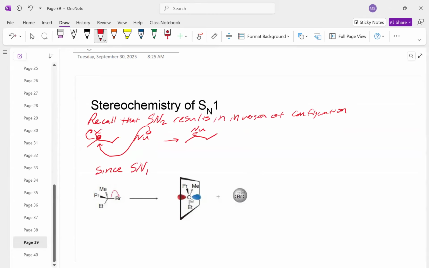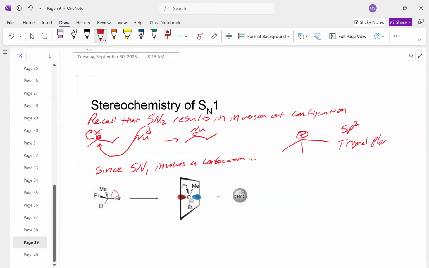Since SN1 involves a carbocation, it's going to change the game a little bit. Let's think about a carbocation. So let's just draw a basic tertiary carbocation here. What is the hybridization of the carbon with the positive charge? Well, we talked about this before, it's sp2. So if it's sp2, what is its shape?